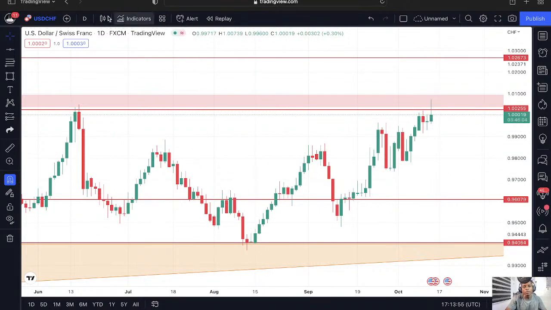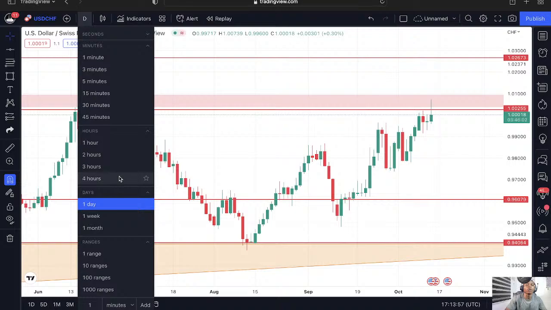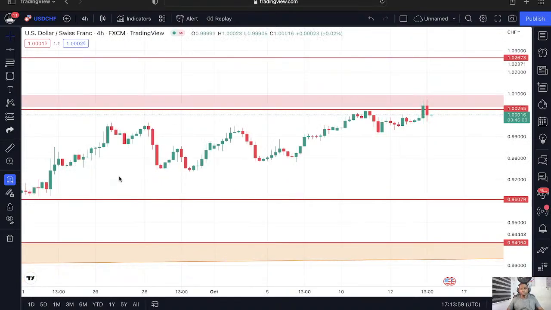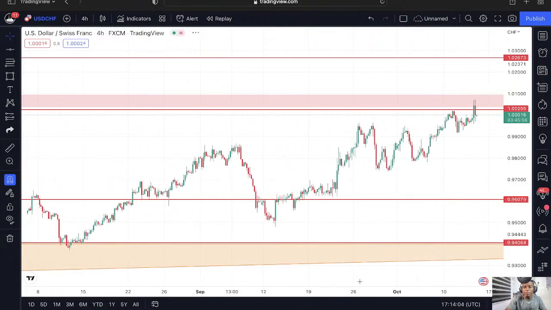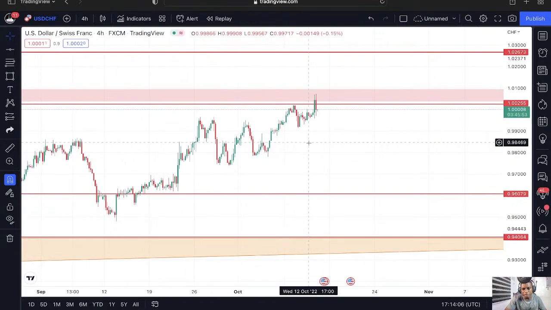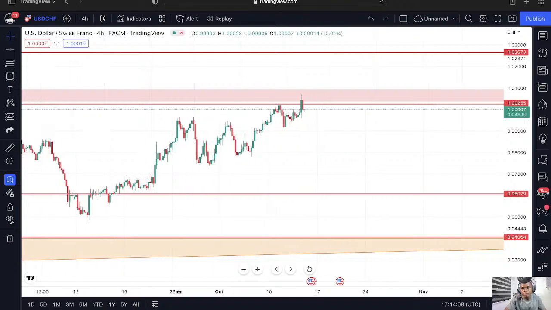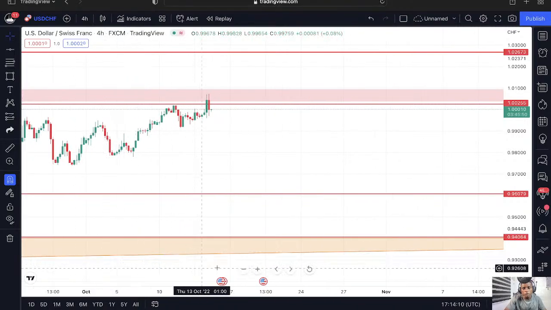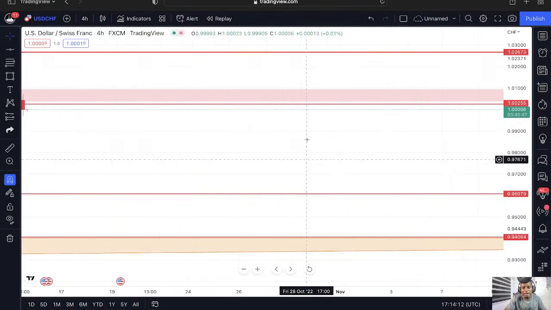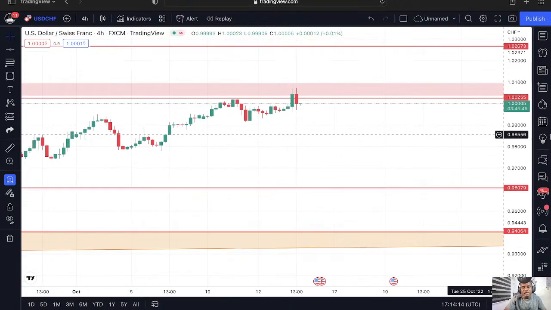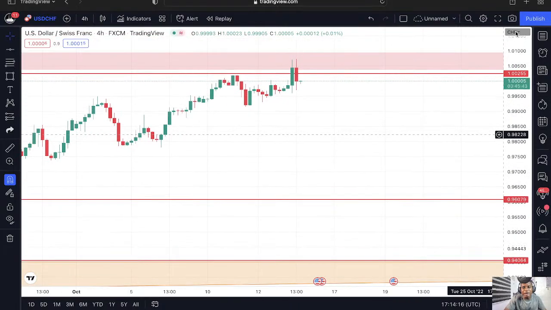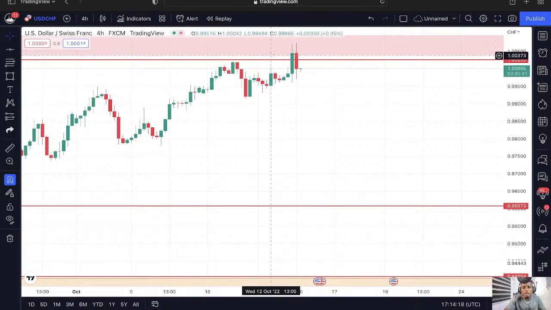Now let's go to the 4 hours time frame. If you look at what is happening currently on the 4 hours time frame, you would see the last two candles are what?